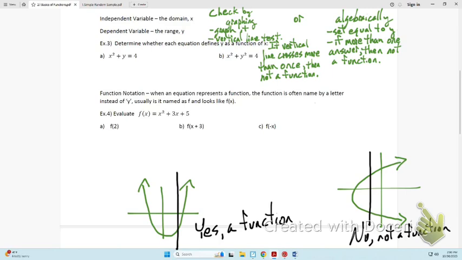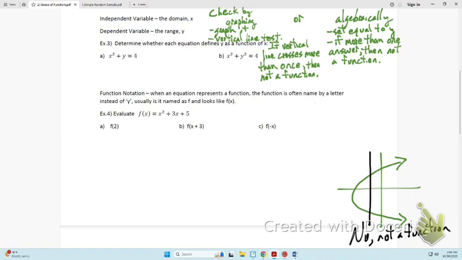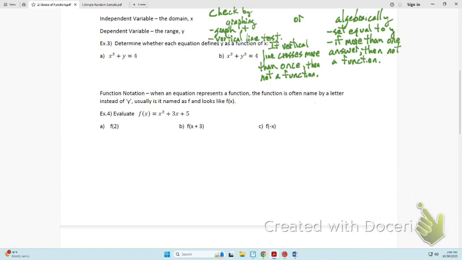So one thing that's kind of nice about understanding algebraic functions is when you look at a problem like 3a, I hope you already know what it looks like. Y is raised to the first power, x is raised to the second power. That means we have a parabola. And I bet you can already determine if it's a function.